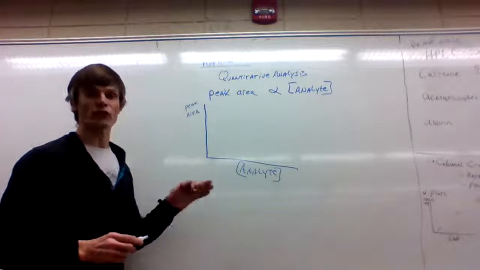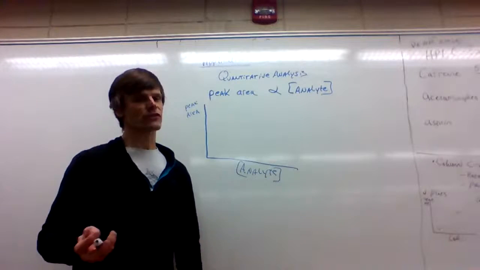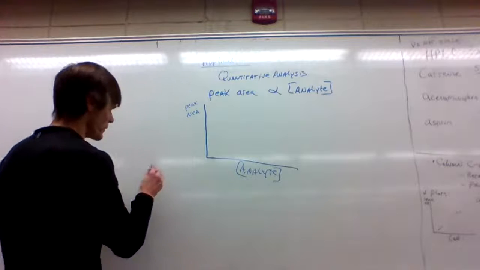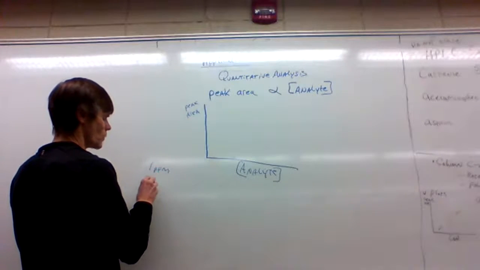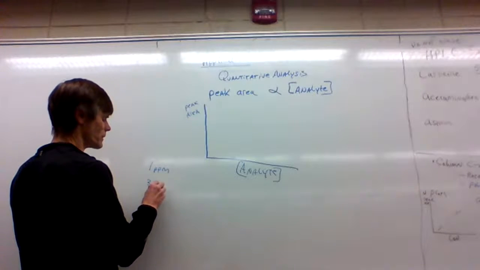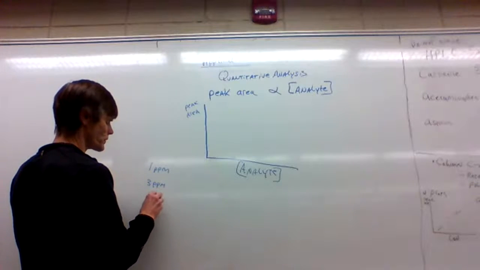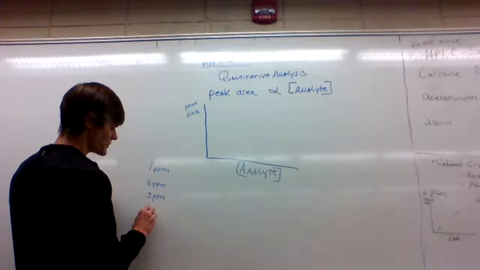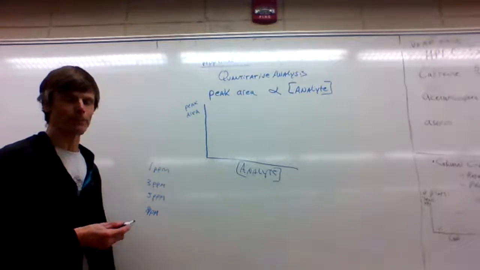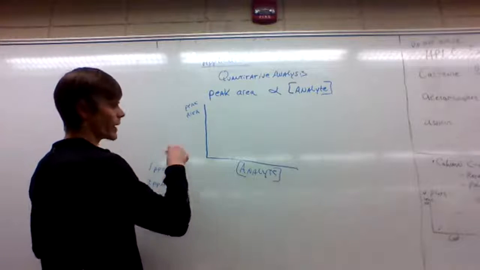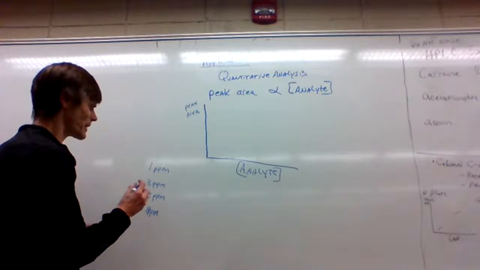And you would prepare standards, just like we've been doing. You would prepare a standard that is 1 part per million, one that's 3 parts per million, one that's 5 parts per million, and one that's 8 parts per million. Again, just an example. You would run a chromatogram and get the peak area.